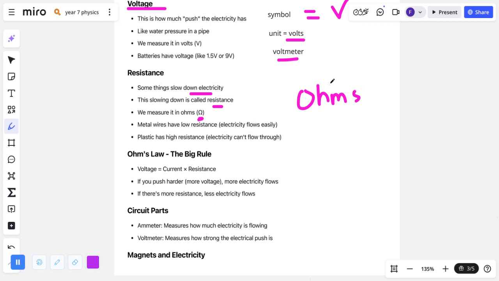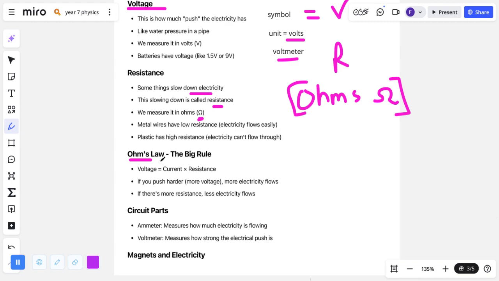The symbol for resistance that we would use in an equation is R. The unit is ohms, but we might use this symbol here, which is a Greek letter omega. It's called Ohm's law, but we'll come back to that.